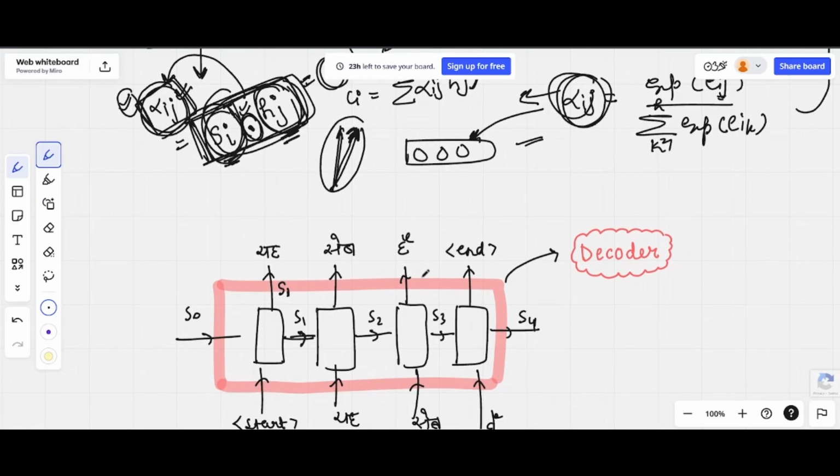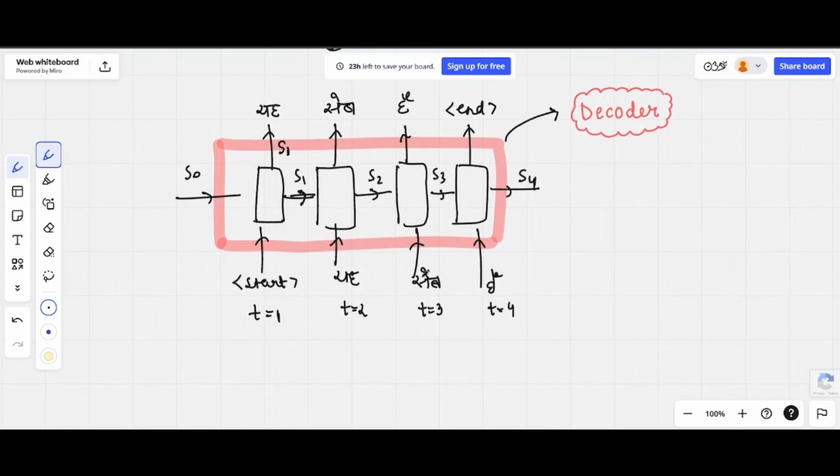Because if I just go down here to the decoder's architecture, then at time step t equals 1, you are getting s_1 as output, right? And this s_1 is then passed through a softmax layer in order to get this specific word as output. So in reality, the output is s_i only.